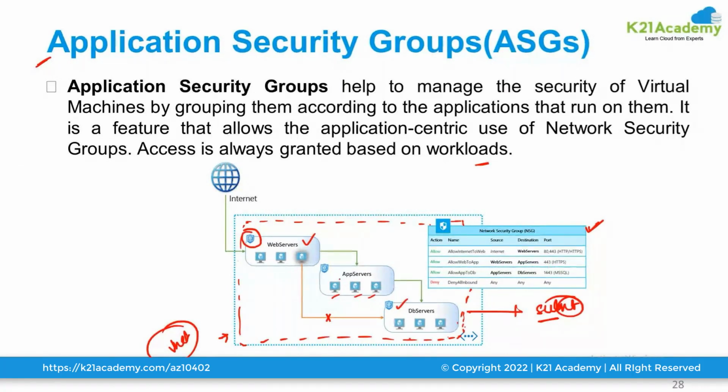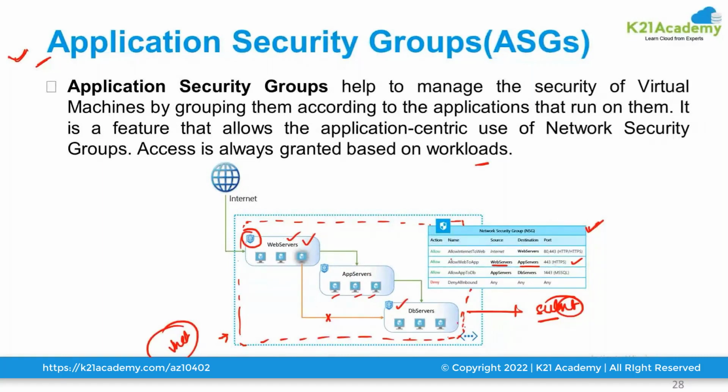If you have only one server, you can mention the IP address here, so from this IP address to this IP address, allow the connectivity at port 443. But here we have multiple servers, right? So we are just adding these servers to a service called application security group, and by leveraging this application security group, we are making sure web servers can connect to app servers at port 443.